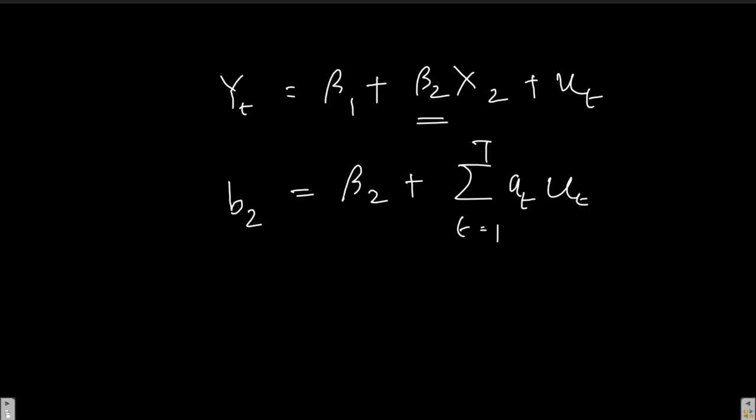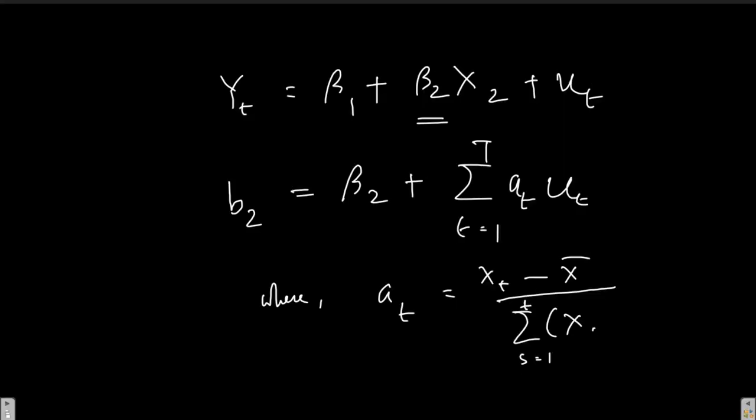Now, here a_t is equal to x_t minus x bar divided by the sum over s equal to 1 to T of x_s minus x bar, whole square.